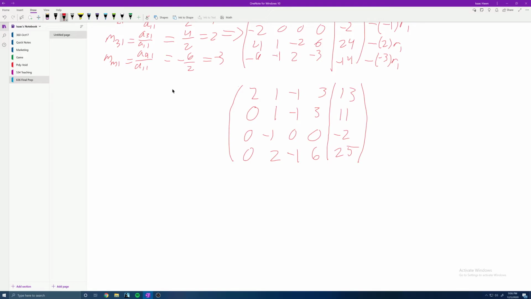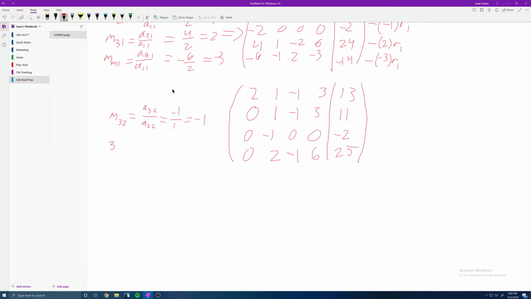So we see that M32, multiple 32, equals A32 over the next diagonal entry, A22, which is minus 1 over 1, which is minus 1.